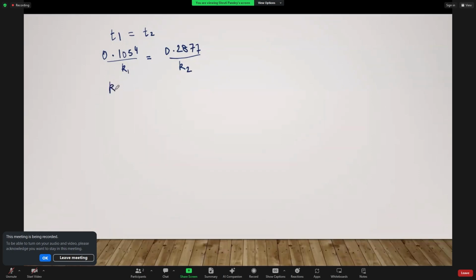So according to this, what happens is this k2 by k1 would be 2.7296. ठीक है? तो ये कैलकुलेशन के बाद आया है. This is k2 by k1.